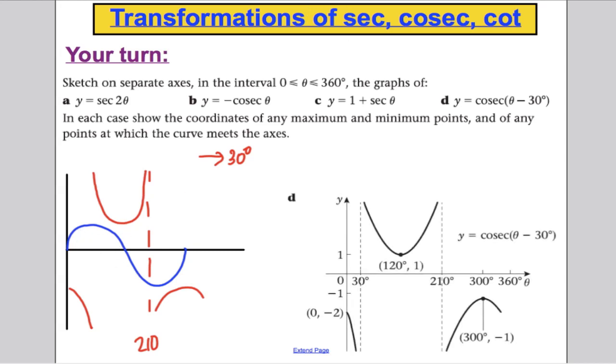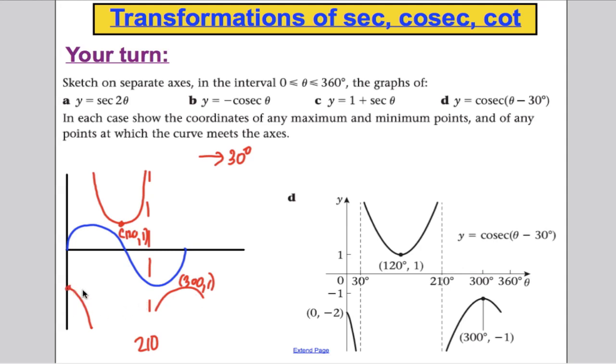Instead of being at the point 90 and 1, it will now be at the point 120 and 1. And this point here, instead of being previously at the point 270 minus 1, will be at the point 300 and minus 1, shifted across 30.